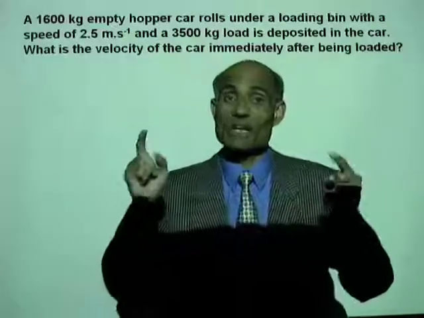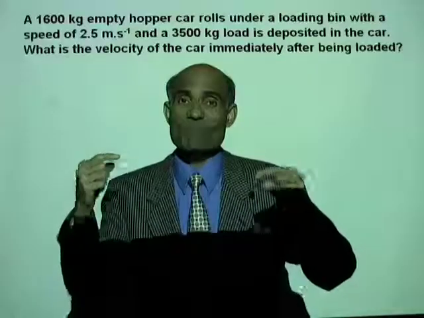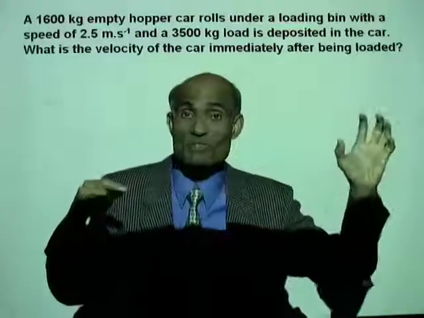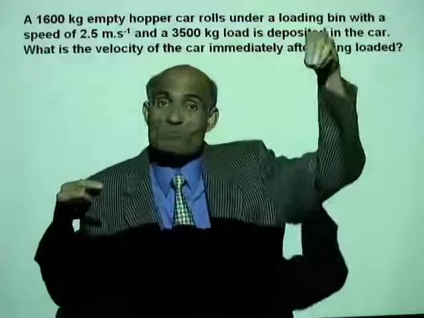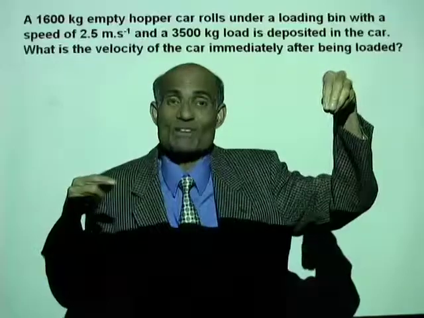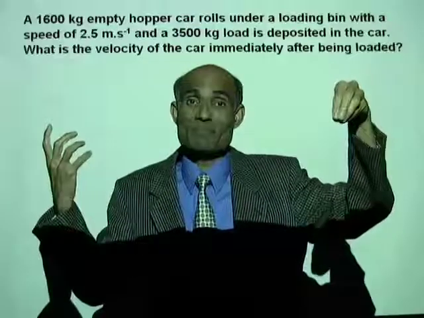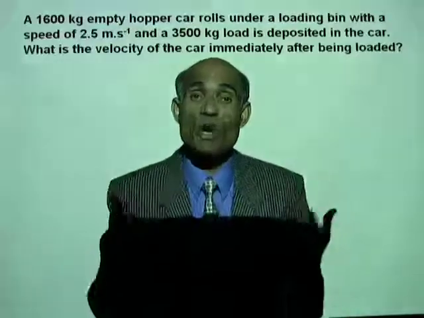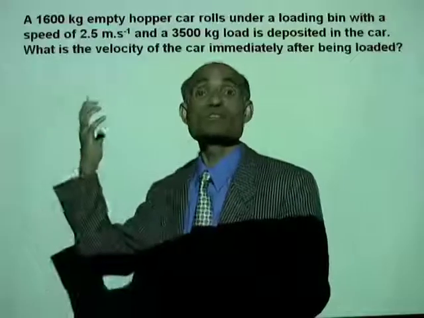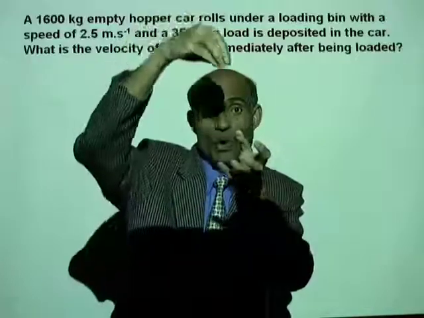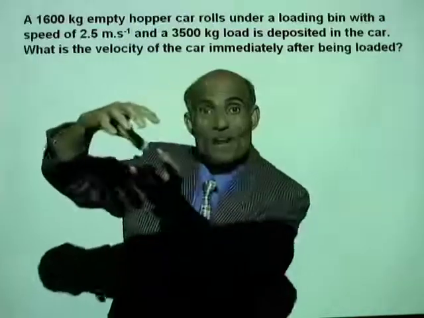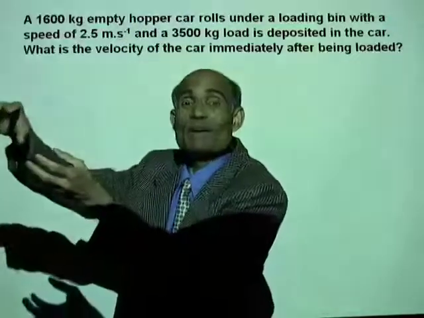Now, do you see any connection between this problem and the first situation of the little trolley and the brick deposited on it? Isn't this exactly the same? Now, if you go into a coal mine, you will see this situation very often. The hopper car will roll in, the coal will be deposited in it, and the hopper car will move away.